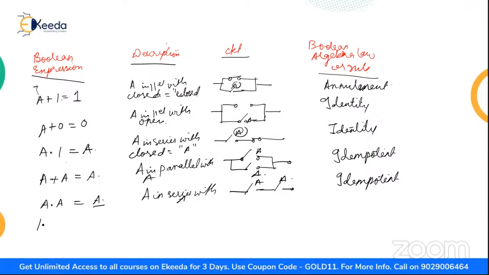So another is not A bar. Not A bar means negation. Again, negation of negation is positive, therefore A. Not A bar is A. This is known as double negative.